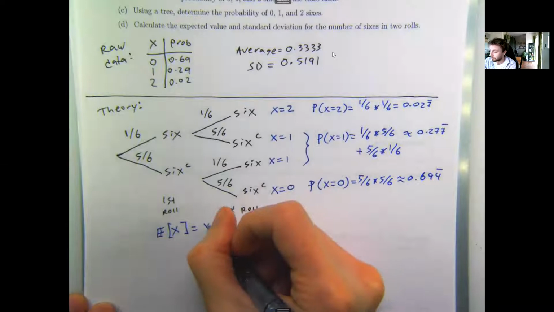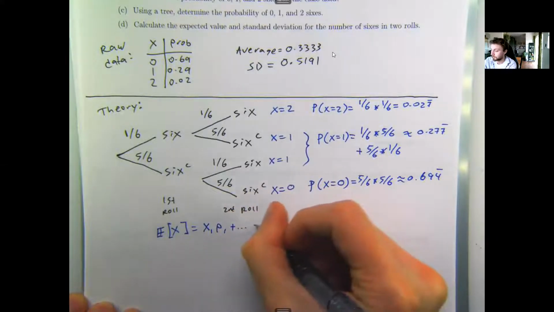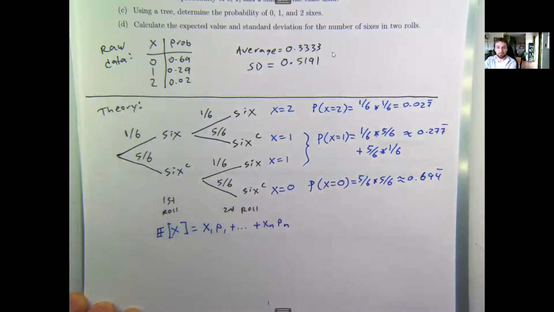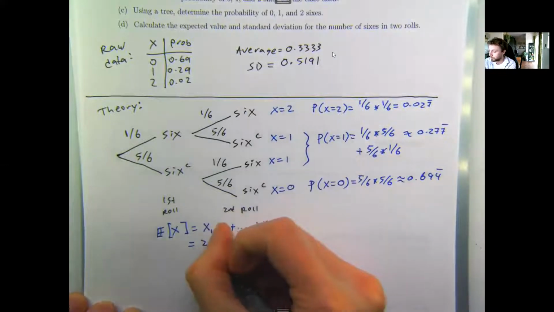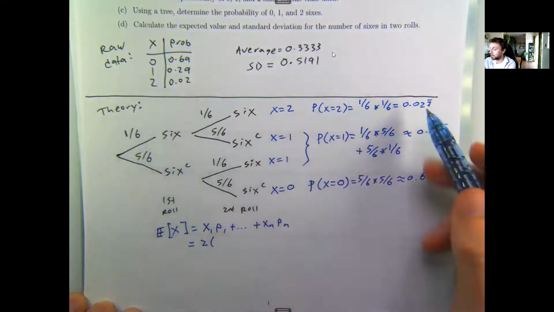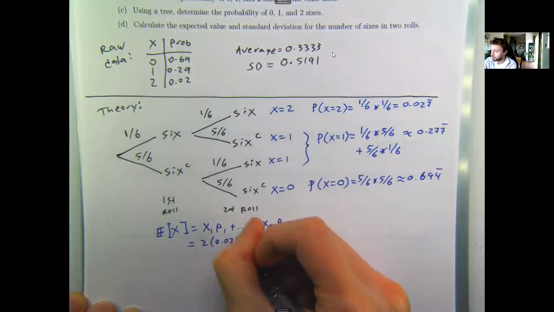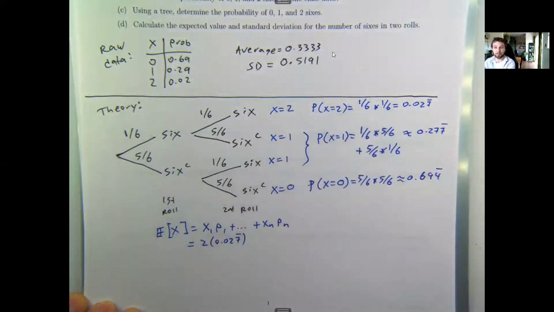Expected value, I'm doing first x value times probability. I'm multiplying those things and adding them up. So I've got 2 is the first x value in my mini table here with the probability of 0.027 repeating, or 1 out of 36 if I'm writing that as a fraction.